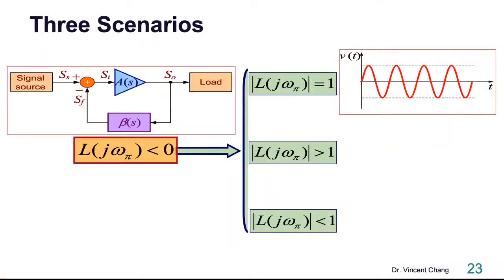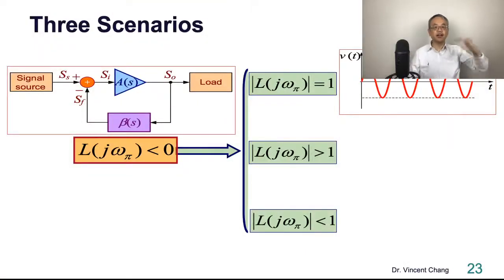If you are a signal with the frequency of omega 180 and you travel around the loop, the phase won't change. And if the phase doesn't change and the magnitude of the loop gain also equals 1, then you have the same magnitude doing sustained oscillation.